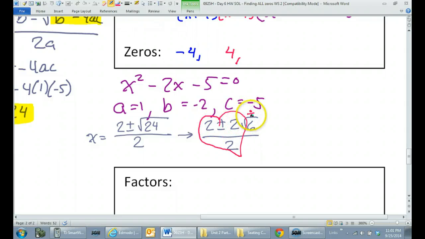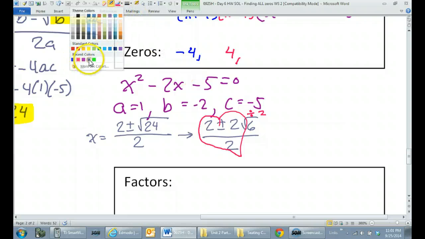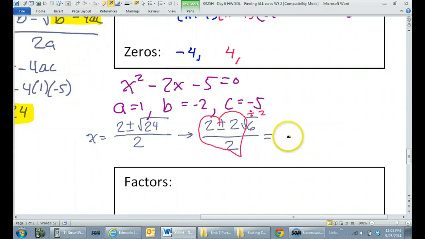So let's go ahead and do that. Let's divide all 3 of these by 2. And of course, that's going to turn them all into 1s. So that would give us 1 plus or minus 1 radical 6 over 1. Now, 2 of these 3 1s we don't need anymore.